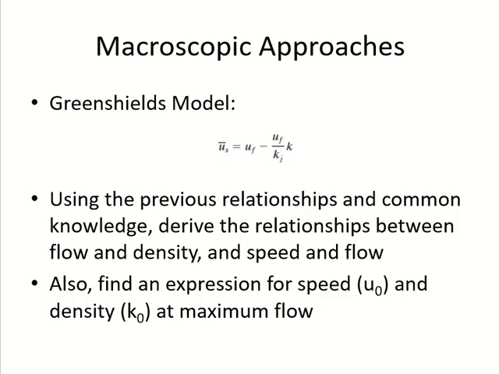So I put the value of density, I will get the value of speed, but there are some constants. There is uf and there is kj. What was the meaning of uf and kj? Preferred speed and which density? Jam density. Good. So we don't know these values, so I need some method to find out these values. Otherwise, this equation is useless, right?